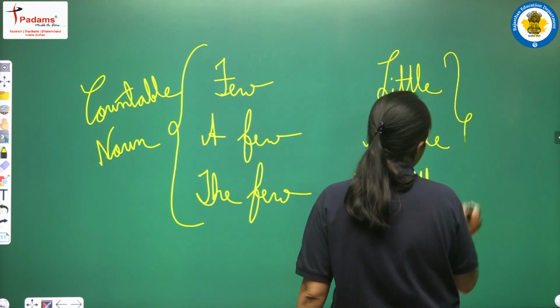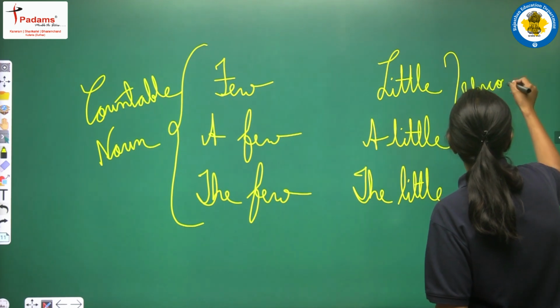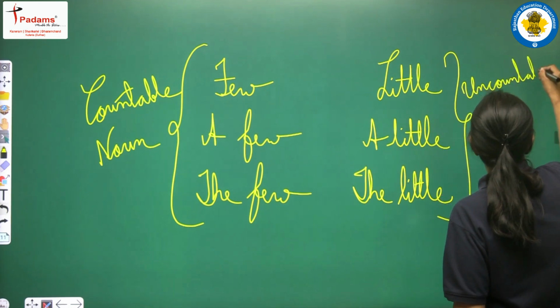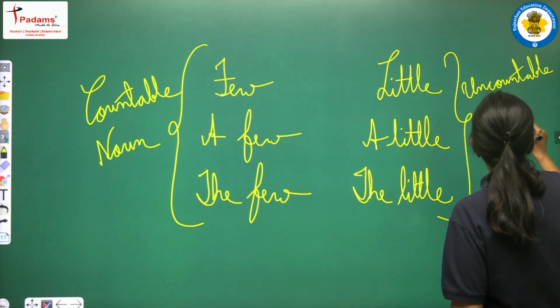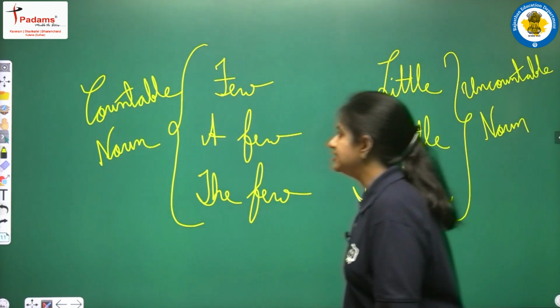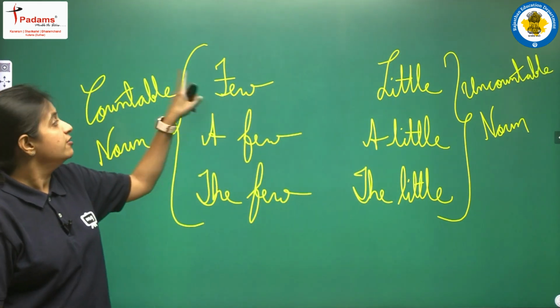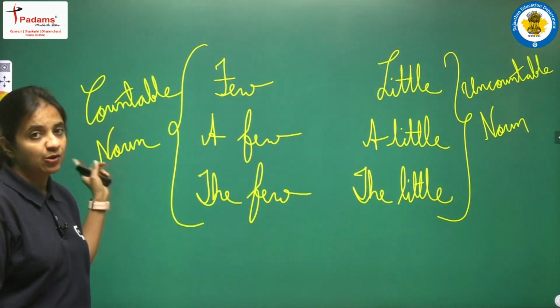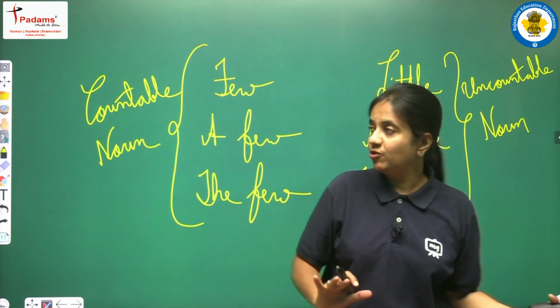This is the second family, and it is used for uncountable nouns. Alright, so this is the basic difference. This is the few family, that is the little family. The few family is related with countable nouns, and the little family is related with uncountable nouns.